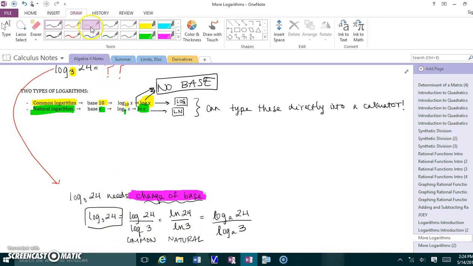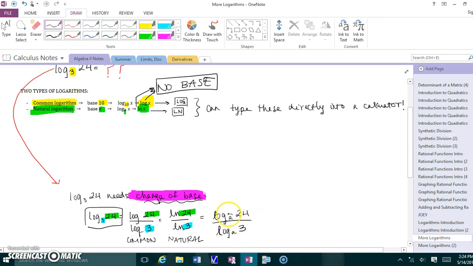And the way you remember it is that the base goes on the bottom, and the number goes on top. Or as Kenneth liked to say, he's famous for coining this phrase here, you drop the base. So the base goes on the bottom, you drop it down here. Actually, the change of base formula is really written as log base a of this number divided by log base a of the base.